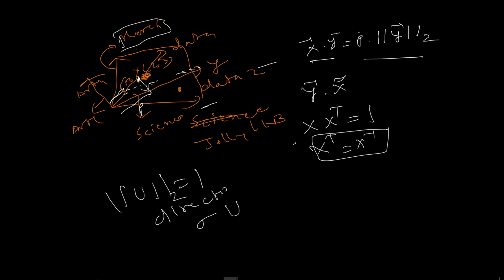So it is telling that there are two eigenvalues, sigma 1 and sigma 2, with u1 and u2. If this has a higher value compared to that, then it is falling in the art movie. If sigma 2 is the higher value, then it is falling in the other category. So this is the projection.